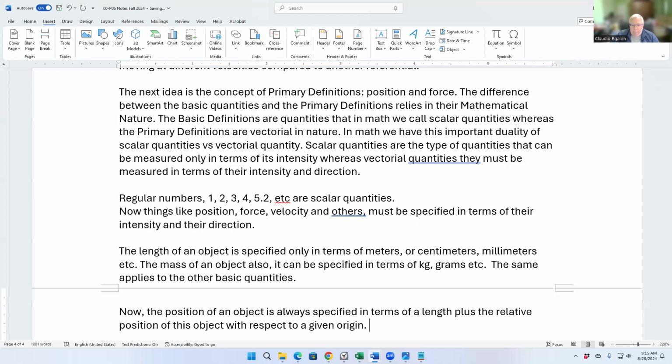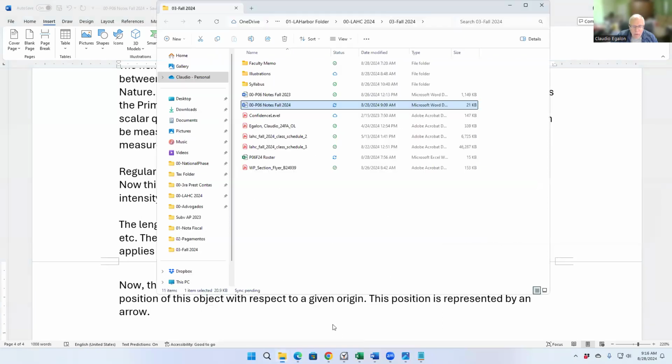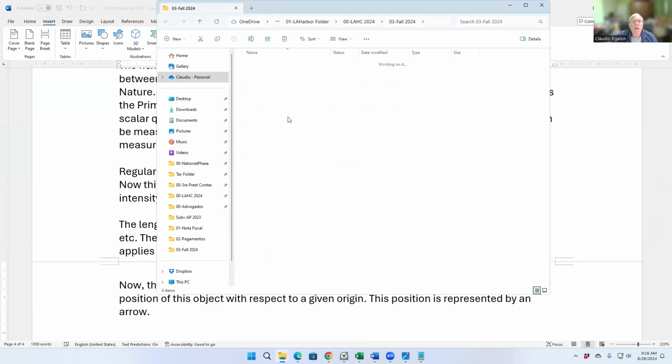Okay? And this position is represented by an arrow. Let me show you here my illustrations.